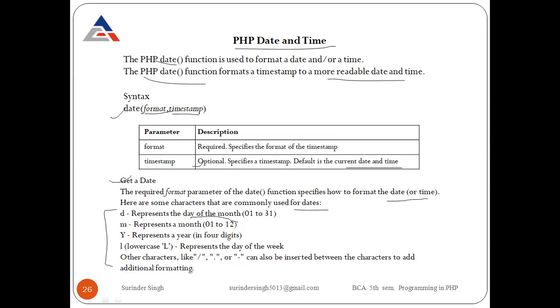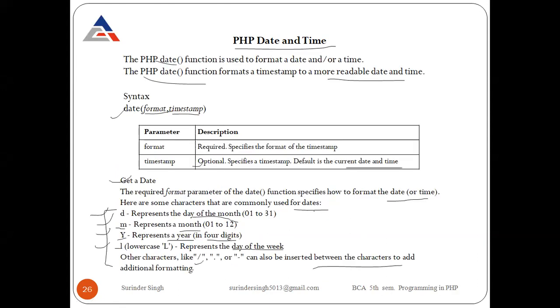Second is small m, which represents the month, and third is capital Y, which represents the year in 4 digits, and last is lowercase l, which represents the day of the week. Clear? Other characters like forward slash, comma, dot or hyphen can also be inserted between the characters to add additional formatting. You can use any separator in between. These are the characters that are used for printing date. Clear?